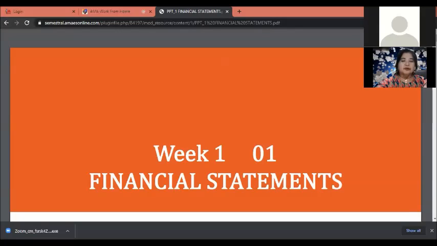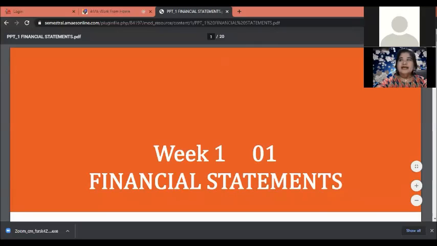The objectives of our lessons will be to define financial statements, enumerate and describe the components of a complete set of financial statements. We need also to explain the purposes of financial statements. Number 4, objectives.